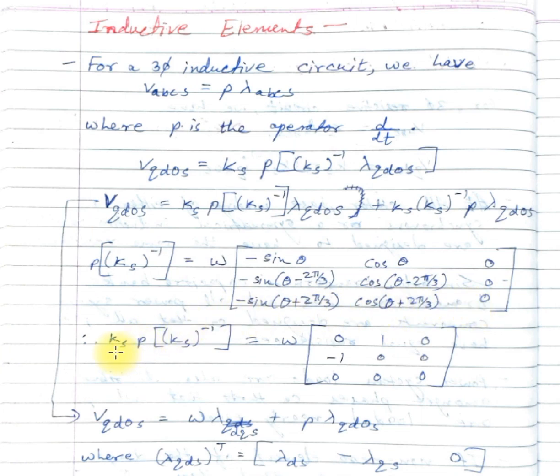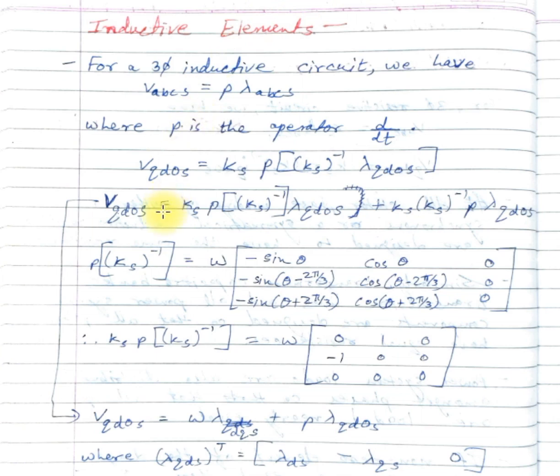And the first term here, Ks into d by dt of Ks inverse, is nothing but omega into 0 1 0, minus 1 0 0, and 0 0 0. I recommend seeing Appendix A for further clarification on the trigonometric identities used in attaining these equations.